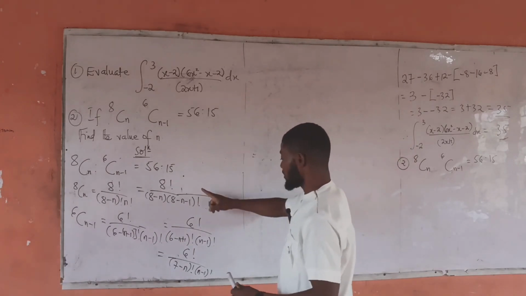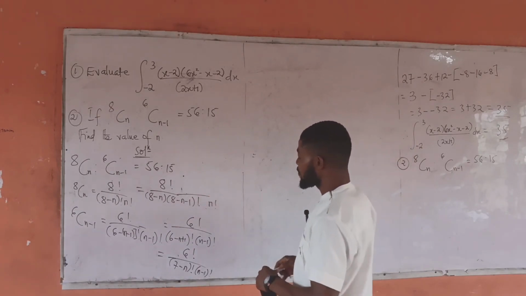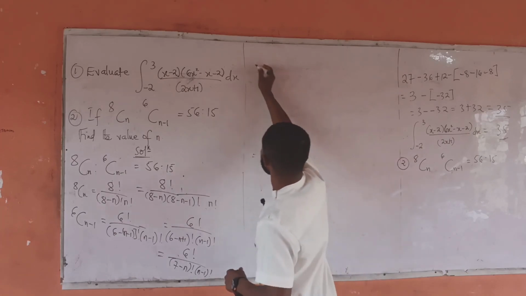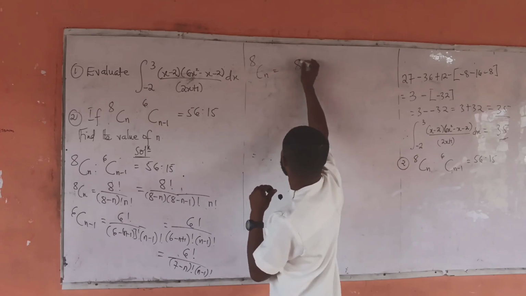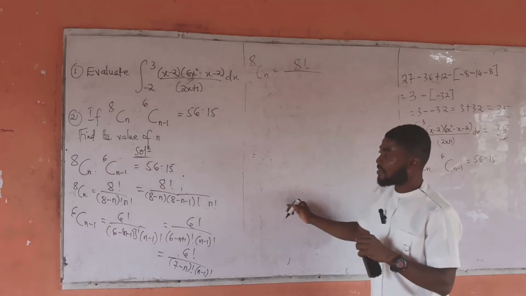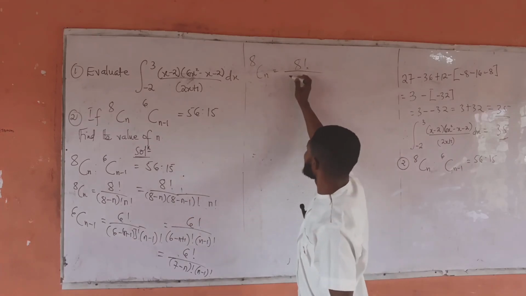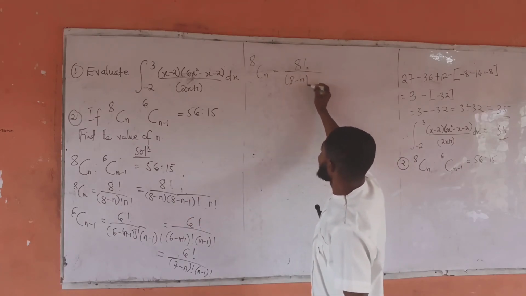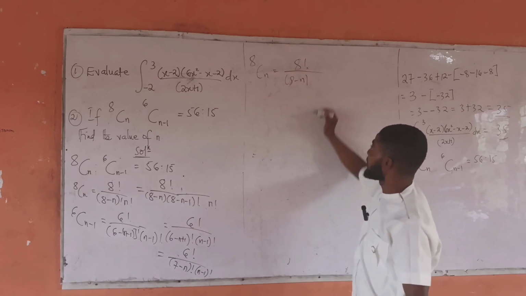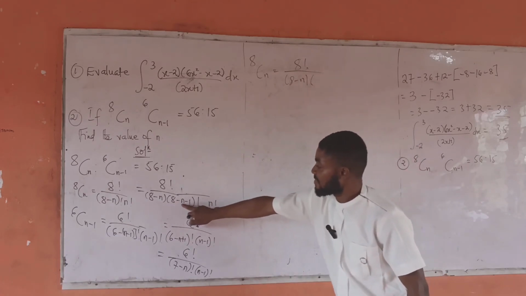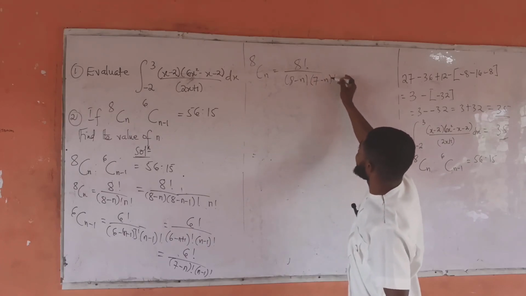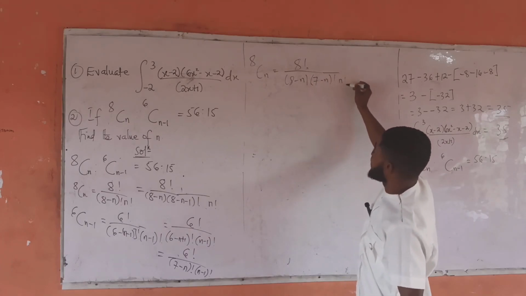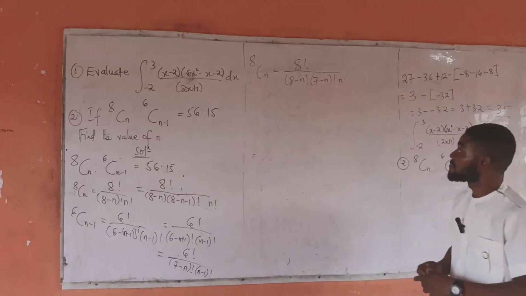Now we can see this part is going to give us 8 factorial, alright. This now becomes 8 minus n without a factorial, and then this also becomes 8 minus 1, 7 minus n factorial, n factorial, like this.